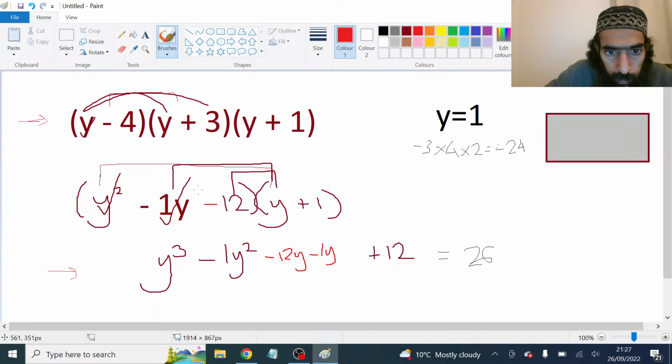That's going to be minus 1y, minus 12y, and that's going to be a plus 12. So minus 12 times the 1 is plus 12. Plus 12 was wrong, so that should be minus 12 times 1 is minus 12. And just check if there's any other mistake. That looks fine. So that should be minus 13y.